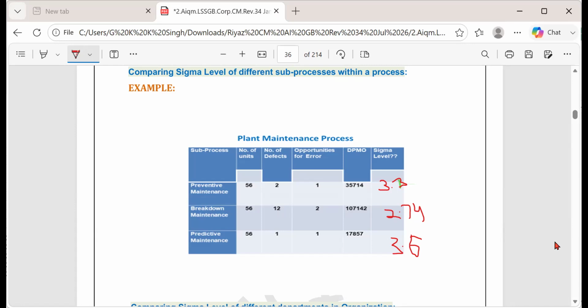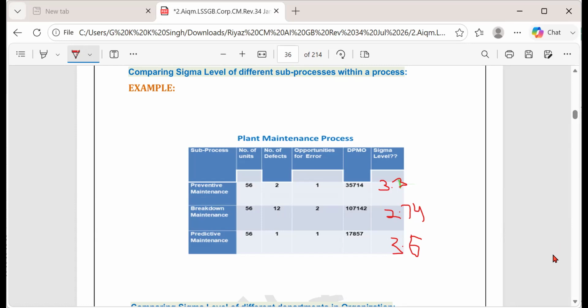Now here, looking at the sigma levels, out of these three, which process is performing better? The predictive maintenance. Predictive maintenance has a higher sigma level compared to the others. So it is performing better. The worst is breakdown maintenance. That has to improve quite a lot. That is only 2.7.